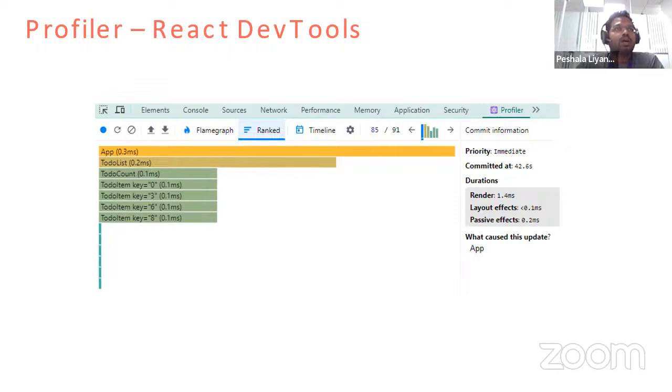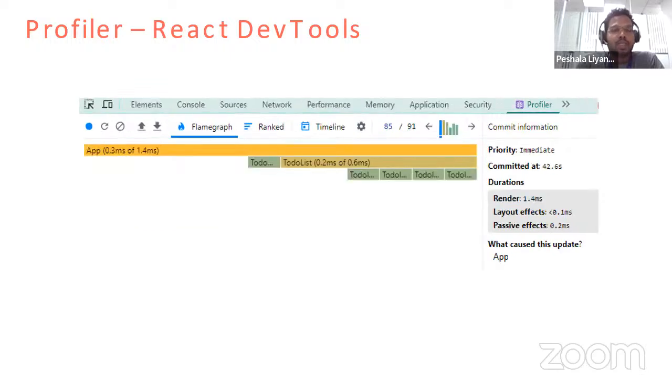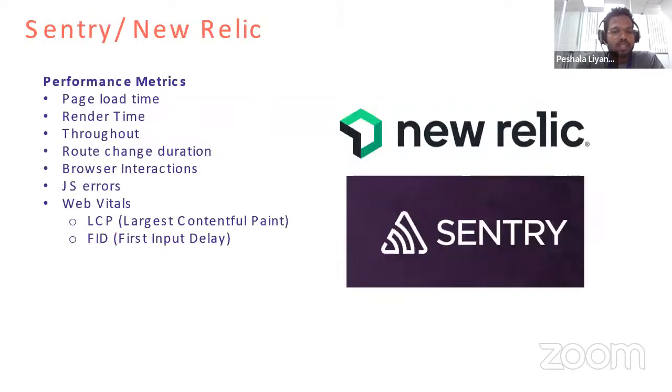I need to do something here, and as Yashvida mentioned previously, you can use memoization. Likewise, you can use those approaches to stop these unnecessary re-renders. Yeah, that's about the profiler.